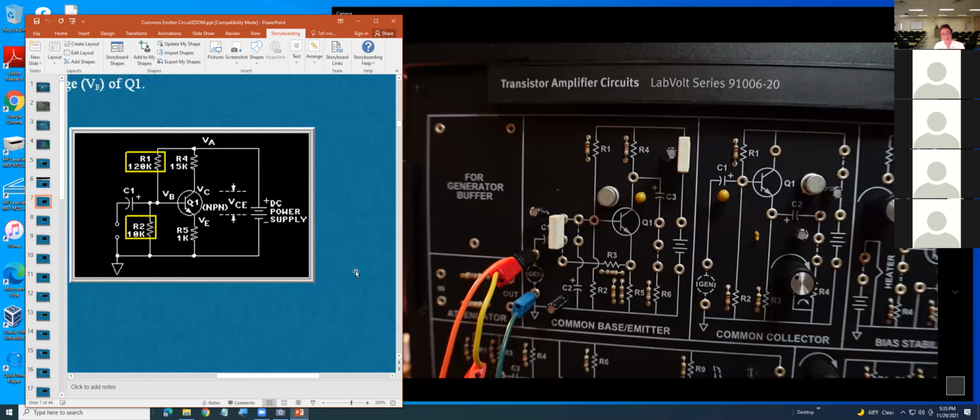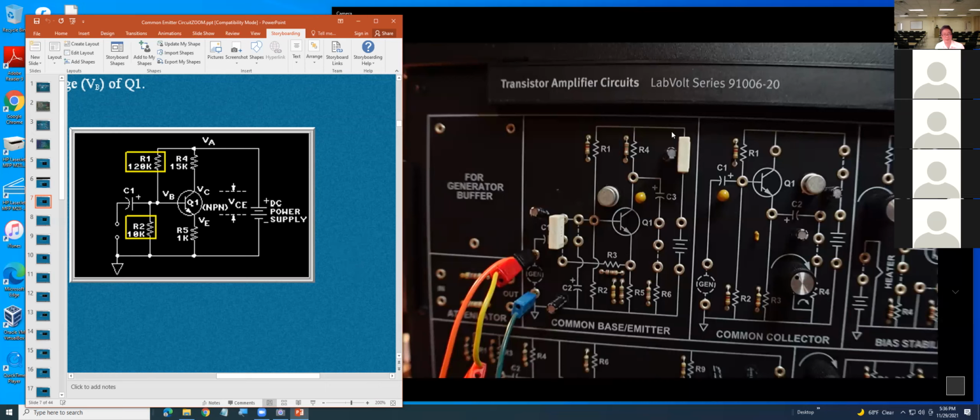So basically, they will be doing calculation and measurement for the DC voltage. That means they have to calculate the VB, VE, or VC. And basically, we already went through it. VB means voltage divider.